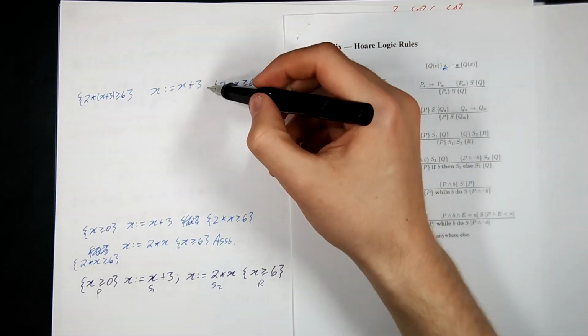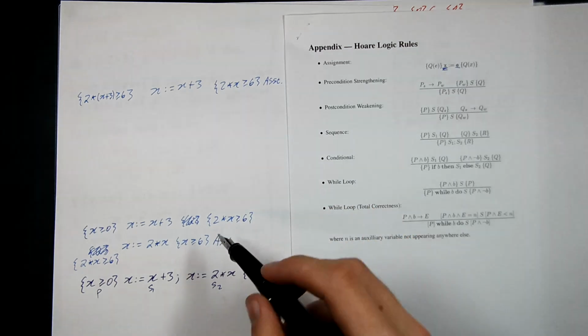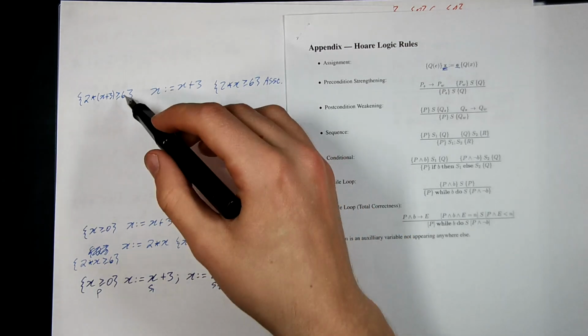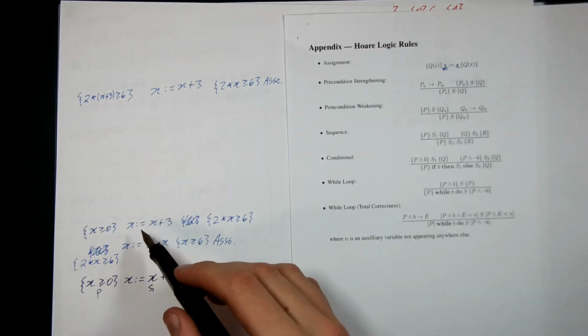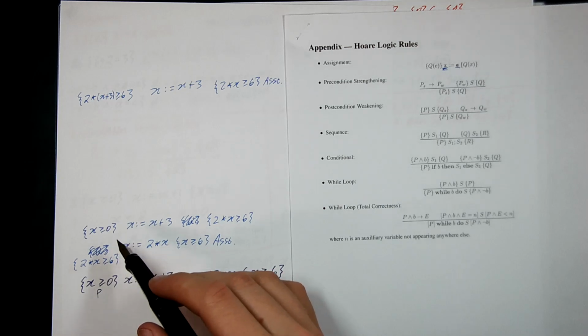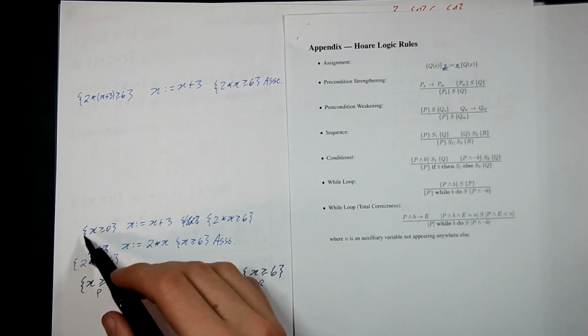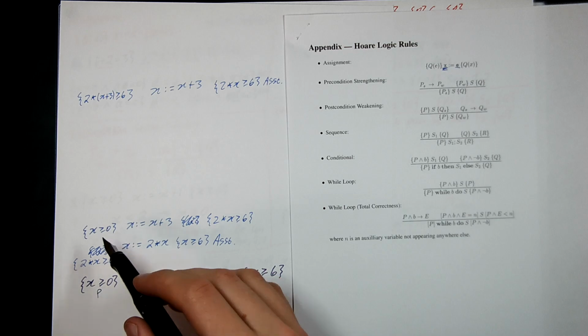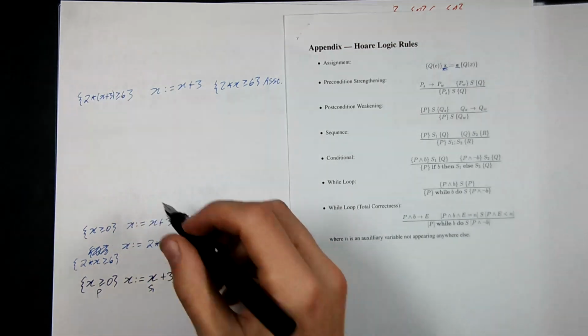Now I just got to get from here down to here. The only thing that's changed is the precondition. So hopefully x is greater than or equal to 0 is a stronger precondition than this precondition up here.